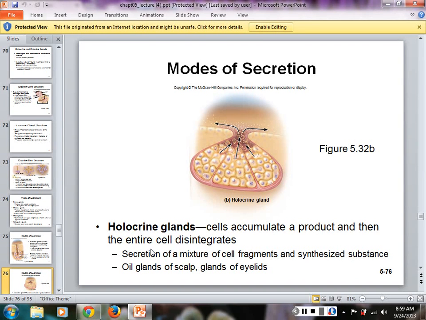Have y'all read the chapter? Maybe y'all can tell me that. Oh, they mention them on page 169. Only a few glands use this mode of secretion, and so on. It tends to be thicker than what? Merocrine. Okay.